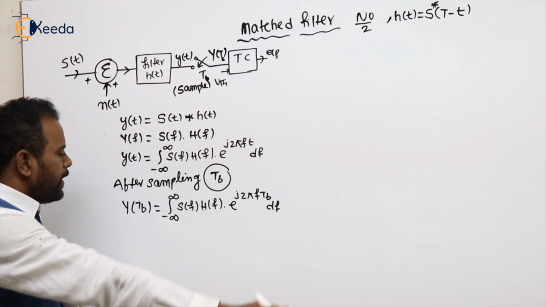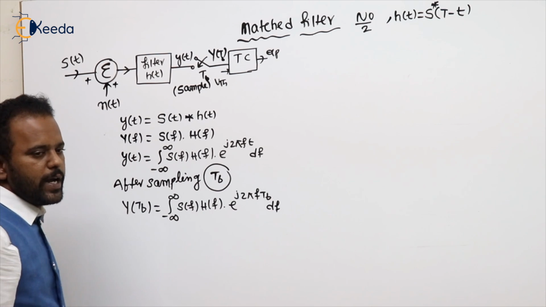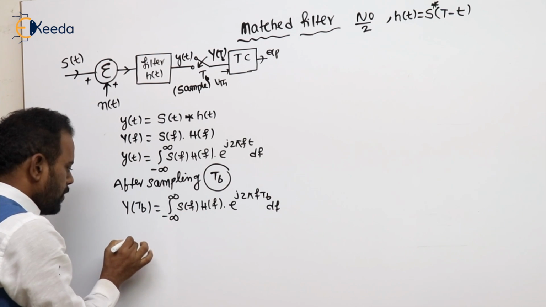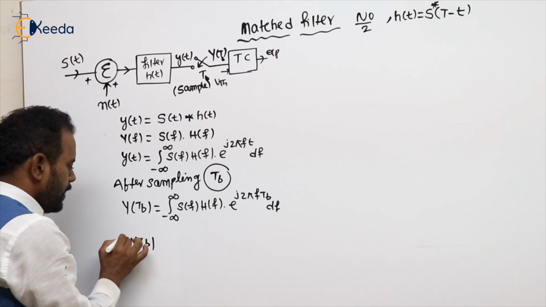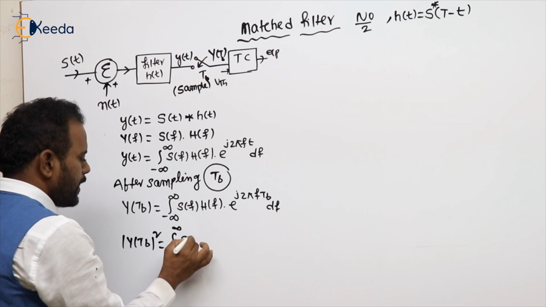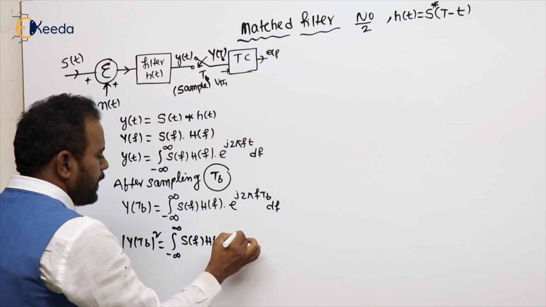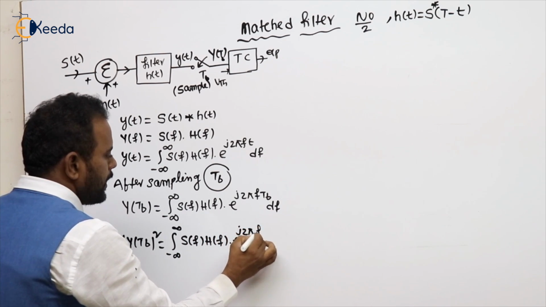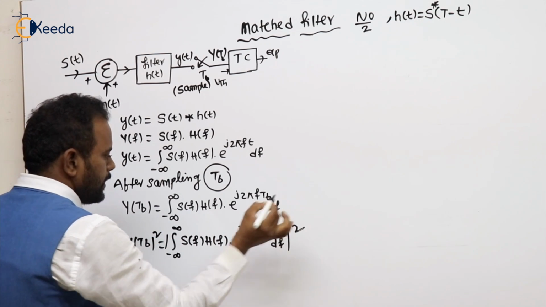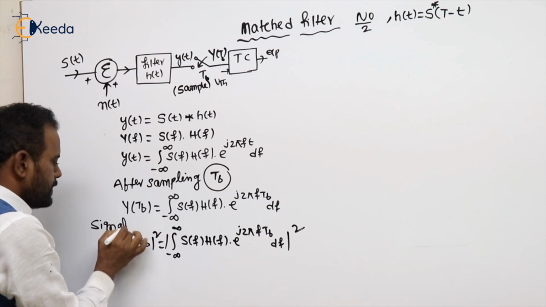Are you getting my point? I want to calculate the signal power. Power means square the signal. So y of TB whole square equal to integral minus infinity to plus infinity S of f into H of f into e power j 2 pi f TB df whole square. This is nothing but signal power.